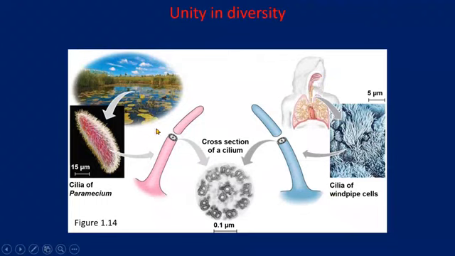When you take the cross section of these cilia, it looks very similar. But the function of the cilia in these two organisms is way different. In the paramecium, the cilia propel the cell to move from one point to another inside the lake or pond.